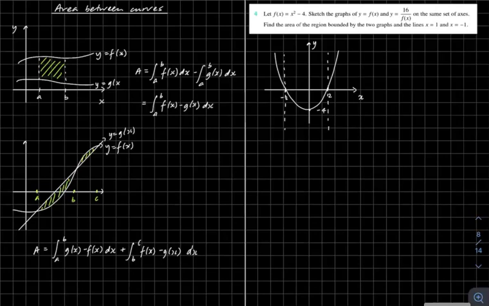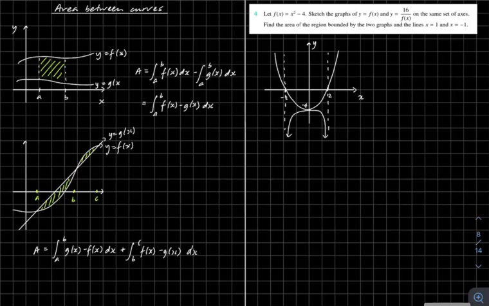So let me just remove that, get it out of the way. So let's say that's negative 4. So 16 divided by negative 4 is also negative 4. So this one's actually going to be shaped the other way. Oh, that's a pretty bad curve there, isn't it? Let's try that again.